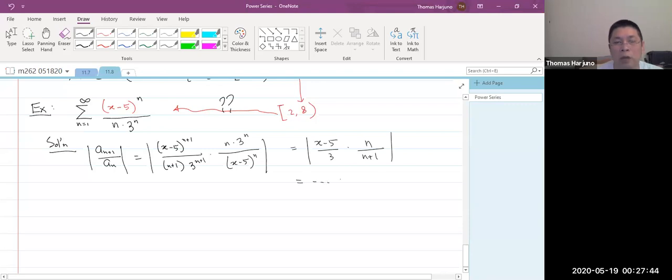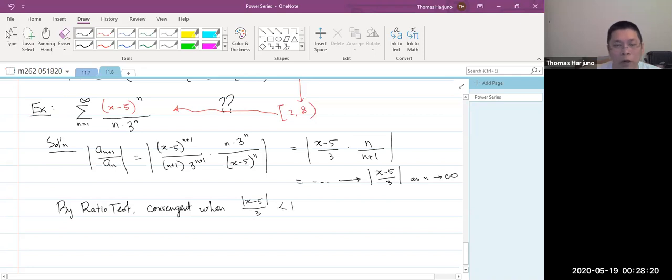Fast forward, this converges to absolute of (x minus 5) over 3 as n goes to infinity. By the ratio test, it's convergent when the absolute value of (x minus 5) over 3 is less than 1. Therefore, the absolute value of x minus 5 is less than 3.